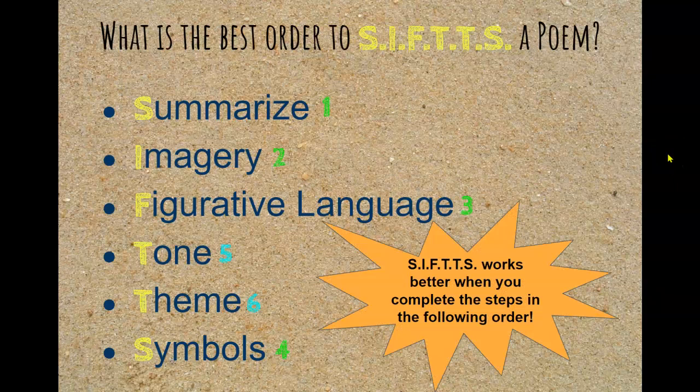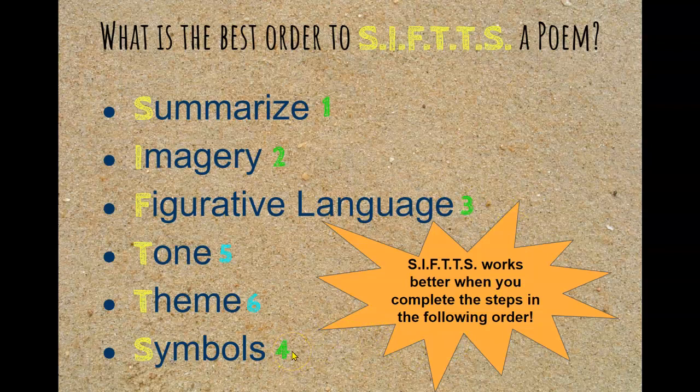When you're using the S.I.F.T.S strategy, it would make sense just to go down the list. However, it tends to work better if we use the strategy in this order. First, summarize the poem. Then, look for examples of imagery, figurative language, and symbols.